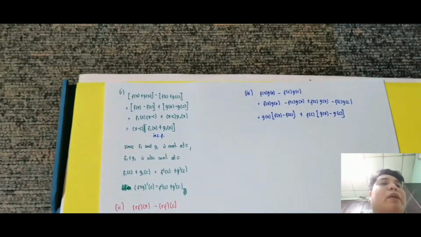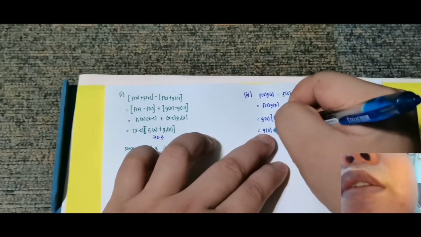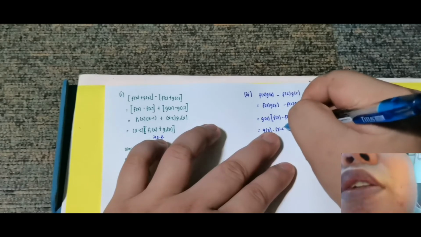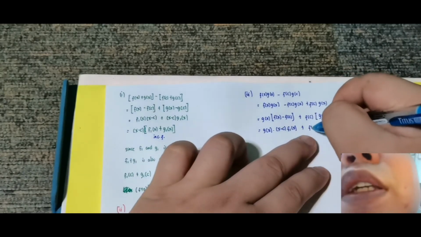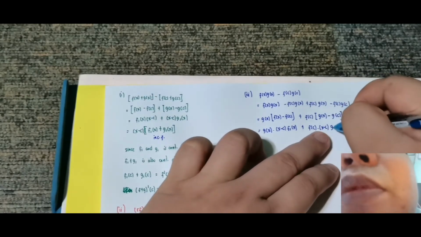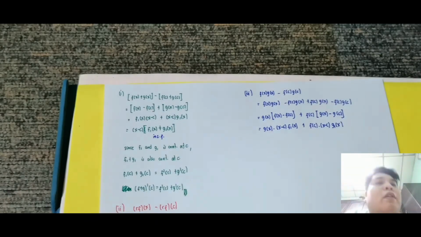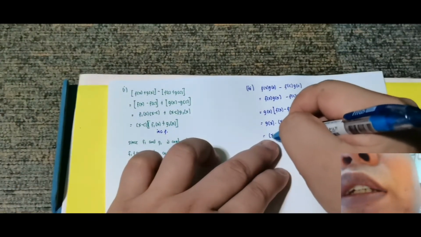Then by the Carathéodory lemma, this is just g(x) multiplied by (x minus c) f sub 1 of x, plus f(c) multiplied by (x minus c) times g sub 1 of x. Then factor out x minus c.